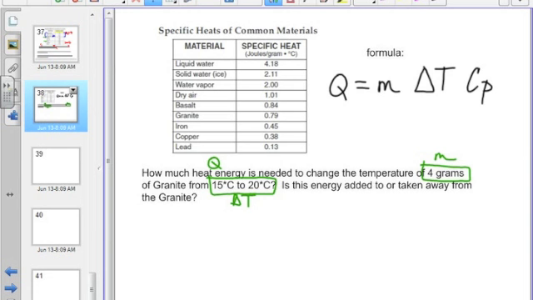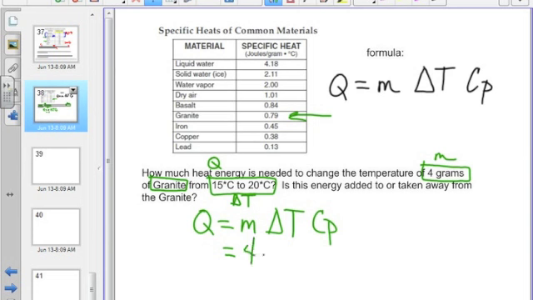And finally, for the CP, for the specific heat, well, they're telling us we're working with granite. So that means that we're going to focus in right here on that measure of specific heat. So let's write down our equation. Q equals M delta T CP. Let's plug it in. We're solving for Q. We have the mass out of the problem.